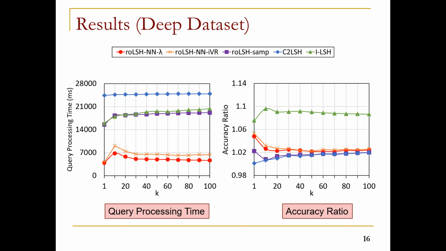All roLSH variations have close accuracies to C2LSH and ILSH. However, ILSH has a slightly worse accuracy, but this accuracy changes according to the dataset. As for some datasets in the paper, ILSH accuracy is slightly better than C2LSH and roLSH. Our processing times are, however, always faster than the other methods for larger datasets.